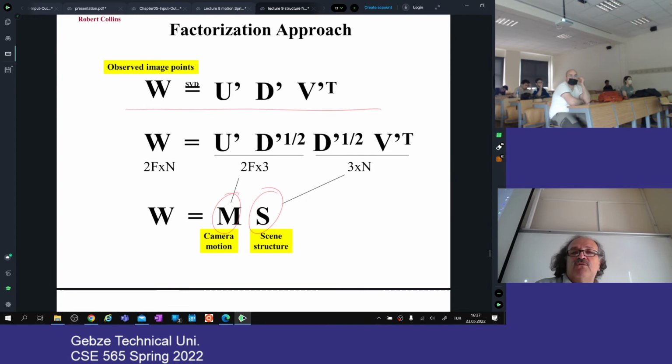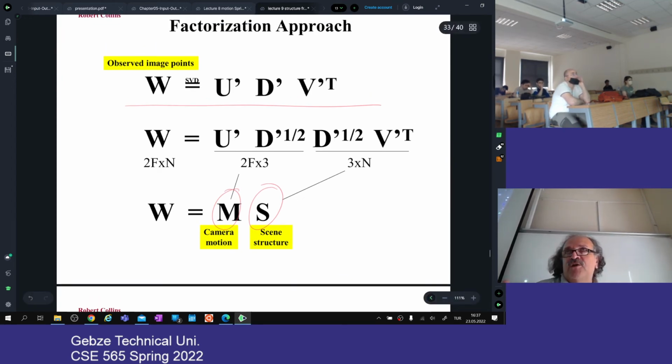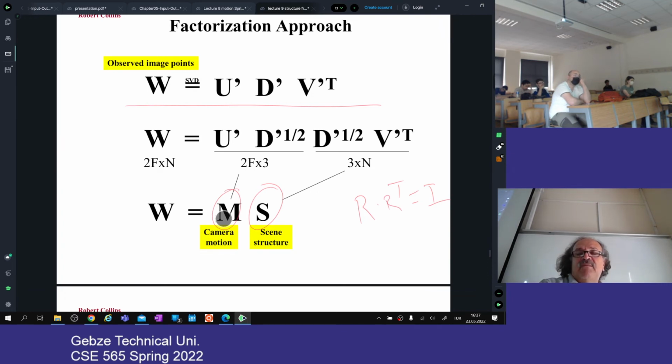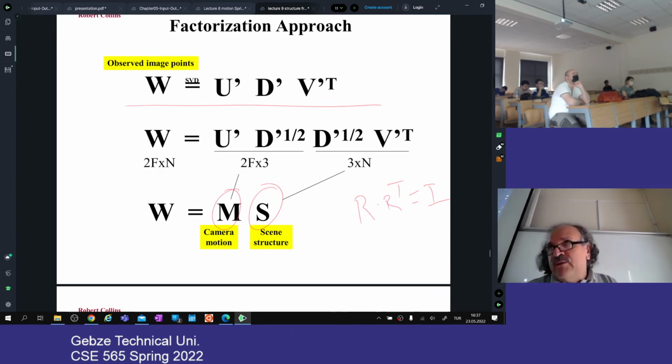Again, we will come back to our rotation matrix. Remember, what do I have in this M? We have our components of the rotation matrix, and the rotation matrix is orthogonal, right? So if the rows of this matrix are my rotation matrix components, when I multiply two of them together, it should give me a 0 because they are orthogonal. And if I multiply one by itself, it should give me a 1.